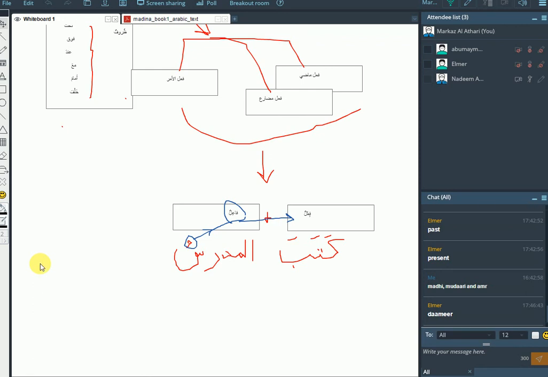If you're coming in after and listening to this as a recording or video, and you start questioning what you learnt in further advanced lessons, no, I'm sure what you learnt is correct. But just bear with me, I'm just trying to lay it down in the simplest form, so that the building blocks are formed, showing fi'l and fa'il, and that the ruling of the fa'il is that he has a dhamma at the end of that word.